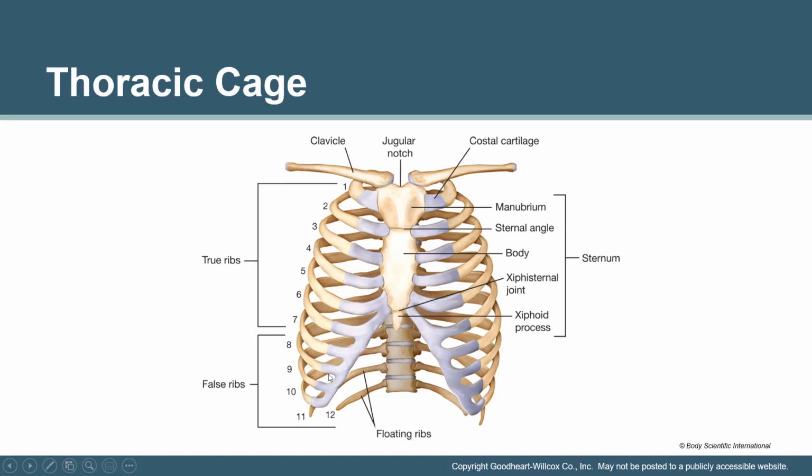Now I have seen this classified differently in different texts. We're going to classify ribs 8 through 12 as what we call false ribs, due to how they have to all link into the same piece of costal cartilage in order to connect to the sternum. The last two ribs in the false rib category are called floating ribs, ribs 11 and 12, because they connect to nothing.